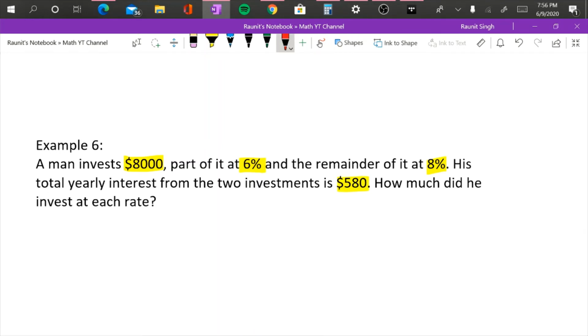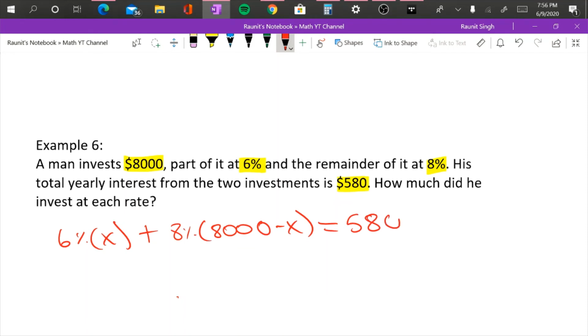So now let's do 6% of the x amount of dollars he invested, plus 8% of the $8,000 minus x dollars he invested, is equal to the $580 that he earned.